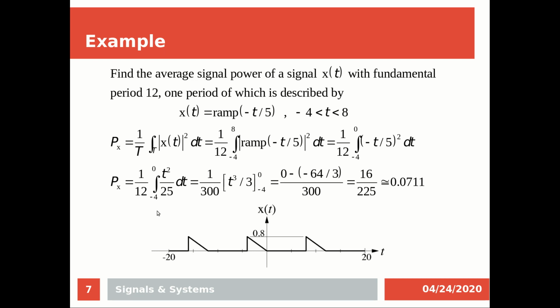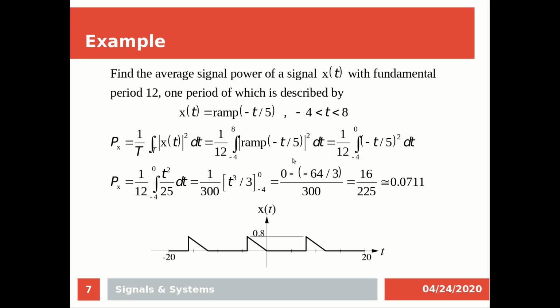Now if I put in the equation, 1 over T, the integral of x of t to the power 2 dt, I will just put in my ramp of minus t over 5 to the power 2, with the integral limits from -4 to 8, and from outside it is over 12.